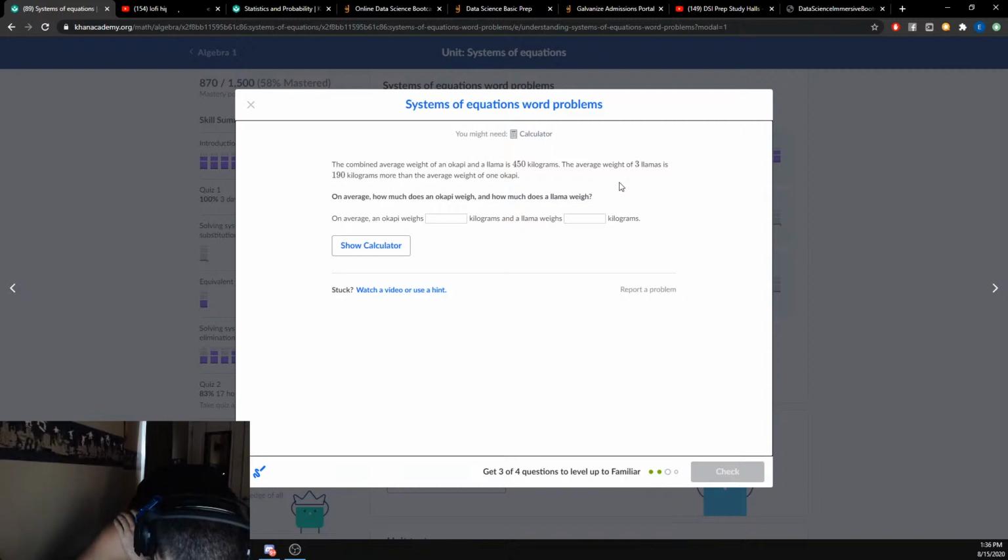Let me just plug that in. So it's gonna be 450 minus 160. x equals 290. Average weight of 3 llamas is 190, average weight of 1 octopus. Let me see. x is 290.